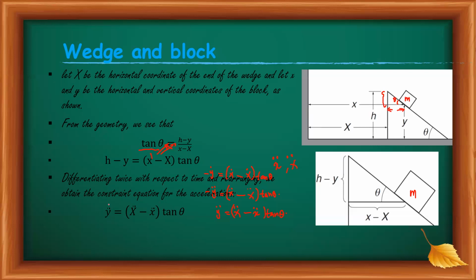Then y double dot is the vertical acceleration, and small x double dot is the horizontal acceleration of the block, and capital X double dot is the horizontal acceleration of the wedge. Then this is the connection relating the accelerations of wedge and block.